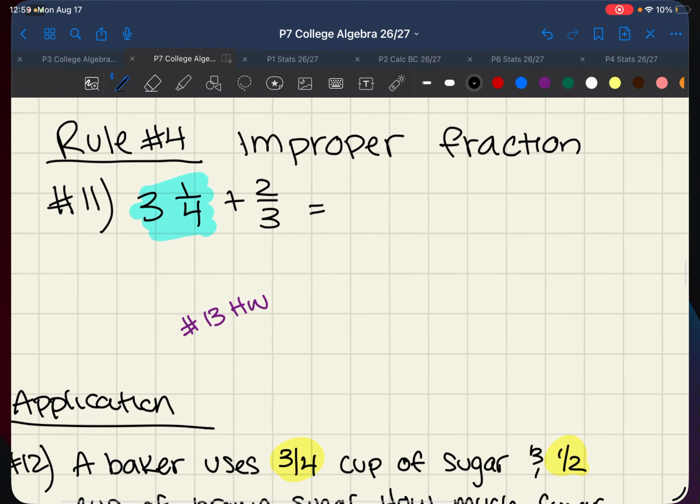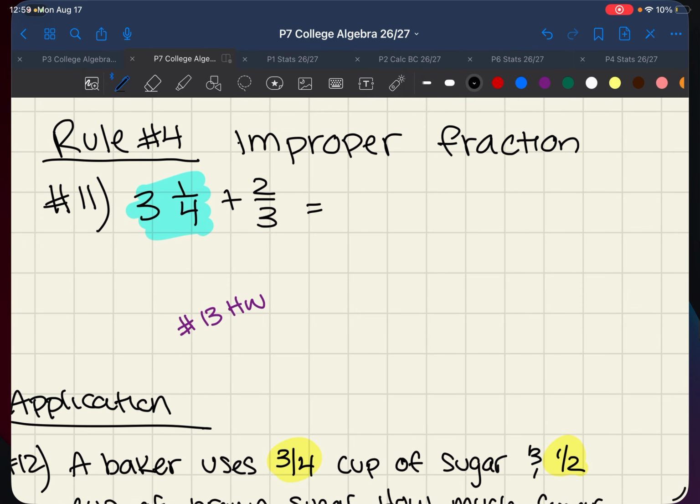Okay, rule number 4. So improper fractions. So what I highlighted in blue is an improper fraction. That's where we have a mixed number next to a fraction. So in order to add or subtract a fraction to that, we have to turn that mixed number into an improper fraction.